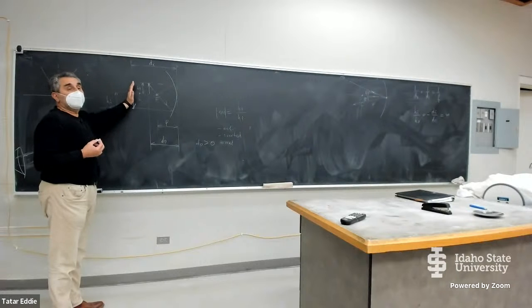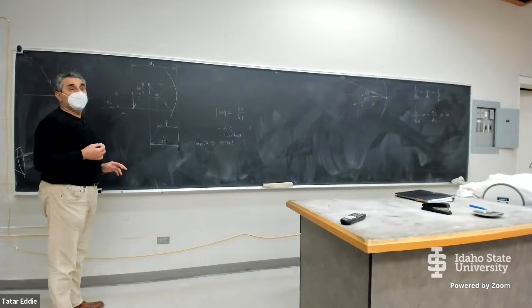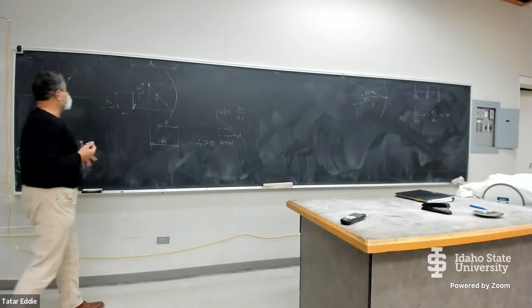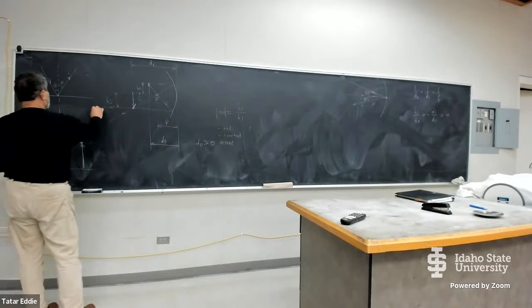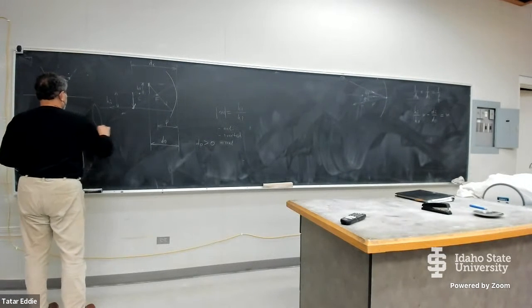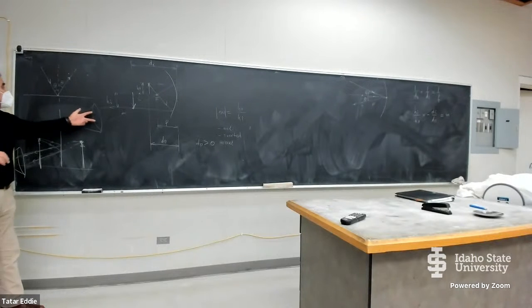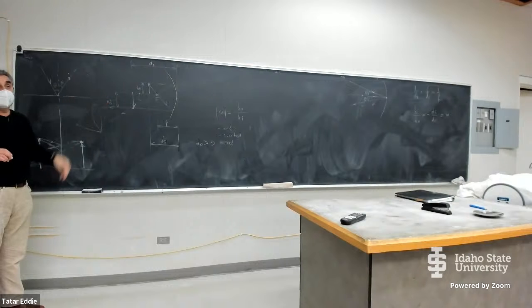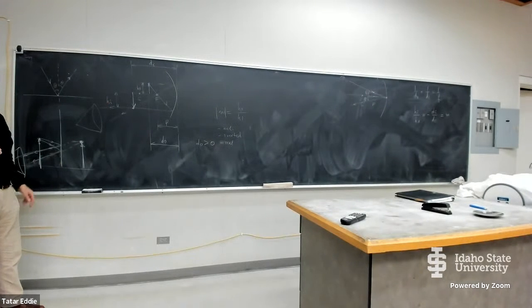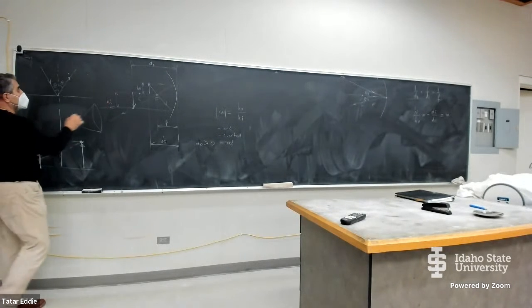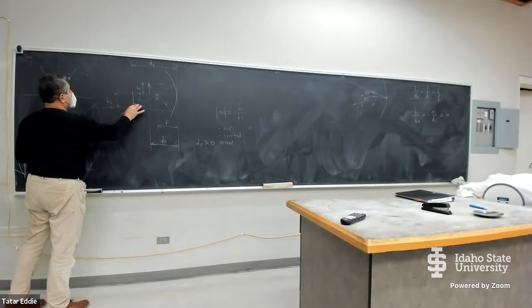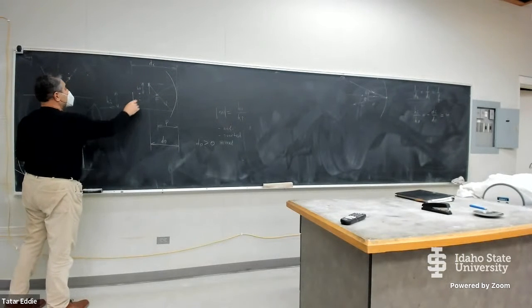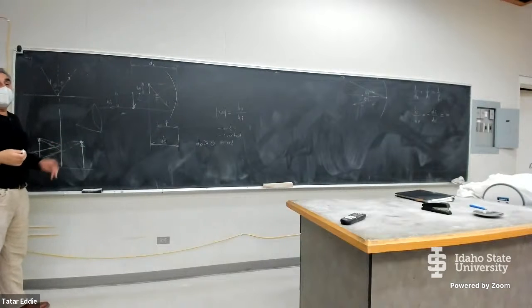Or if you place a photographic film or if you place an observer. Well, the observer actually could be some eyeball that is here in such a way to capture the light rays that form the image. So the brain of the observer is going to interpret the tip of the image as the tip of the arrow.